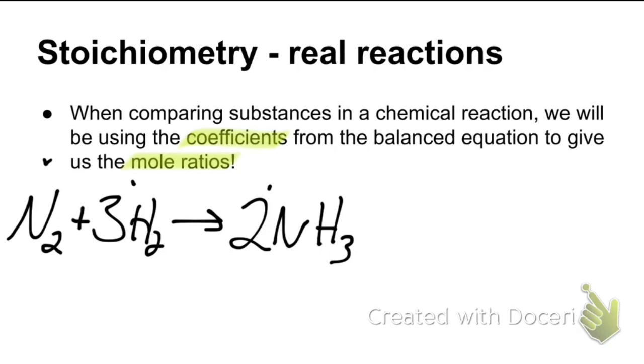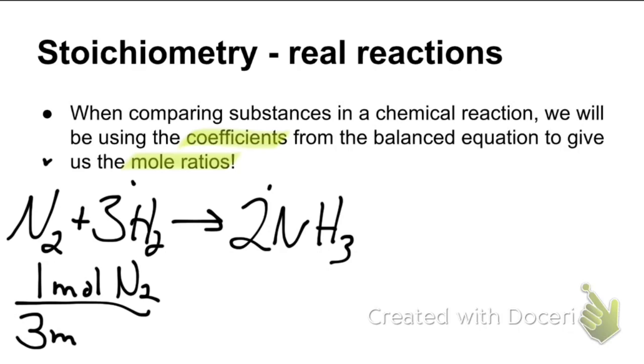All right, so we can just do all mole ratios we could possibly have. So let's start with 1 mole of nitrogen on top. For every 1 mole, how much hydrogen gas do we need? Well, we're using the coefficients from the balanced equation. The coefficient in front of the hydrogen gas is 3 moles of hydrogen gas.